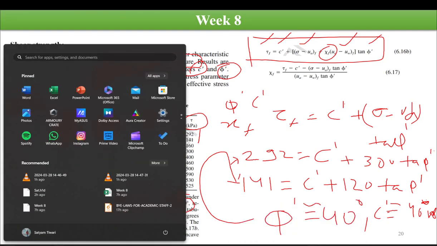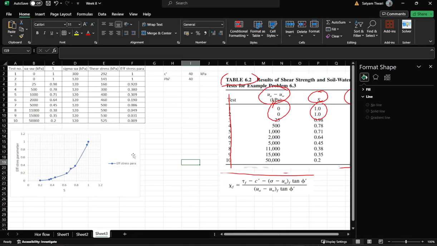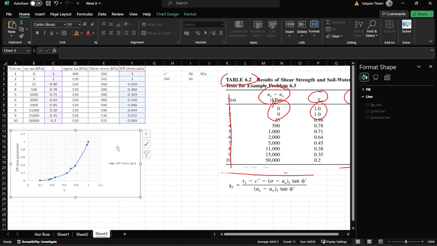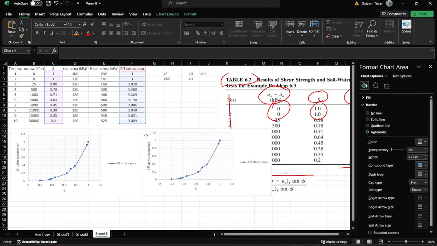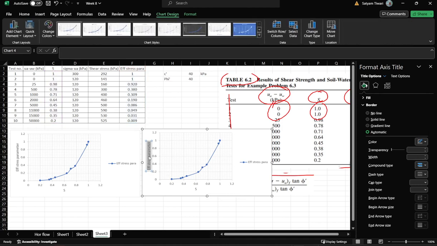So the similar plot which we have plotted for effective stress parameter, we can plot for the matrix section also. So let's copy this plot here and we try to make another plot where this effective stress parameter will be changed with the value of matrix section.